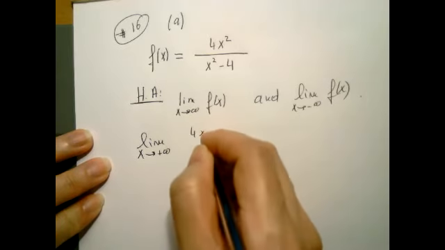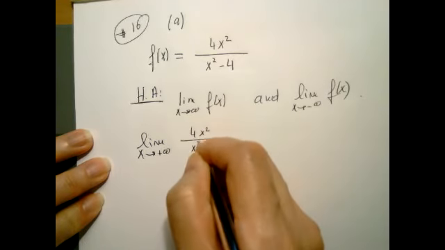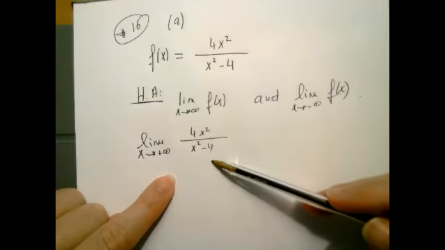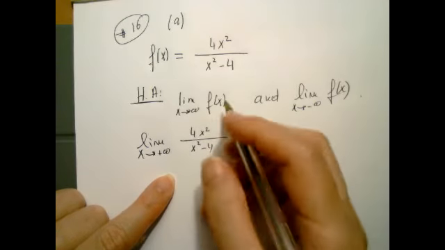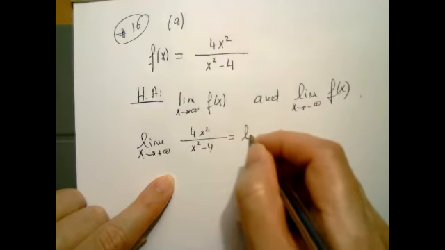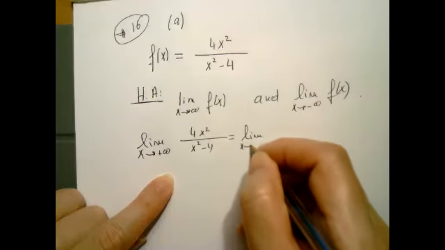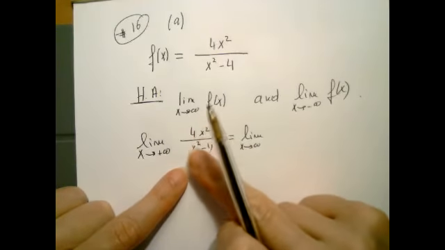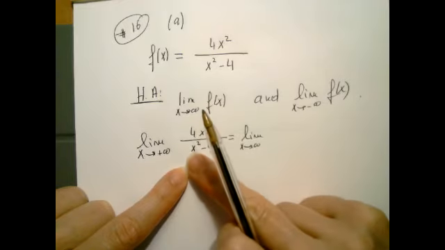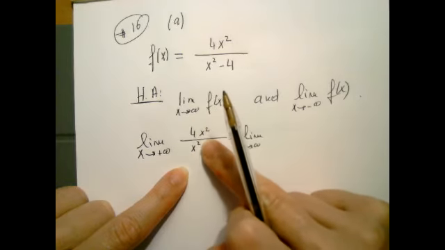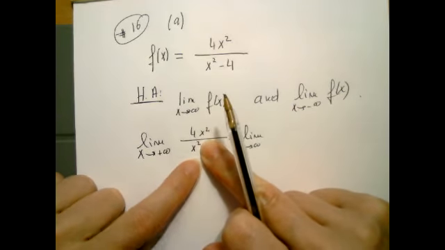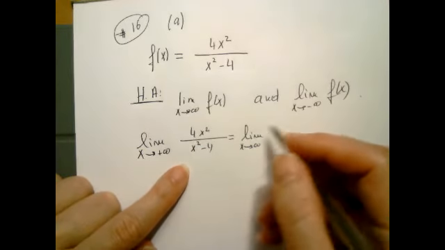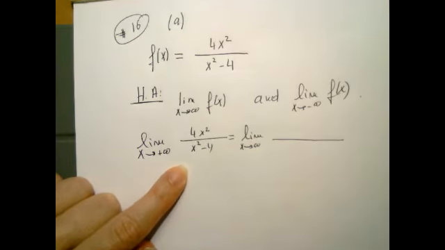So it's 4x squared over x squared minus 4. Again, we have infinity over infinity. We definitely have an issue. So we divide numerator and denominator by x squared. Intuitively we should get 4, because when x is very large, you can basically drop the 4 in front of x squared. So we should expect 4, but as I said, I would like you to do the whole thing.